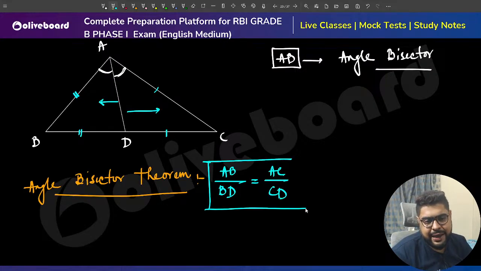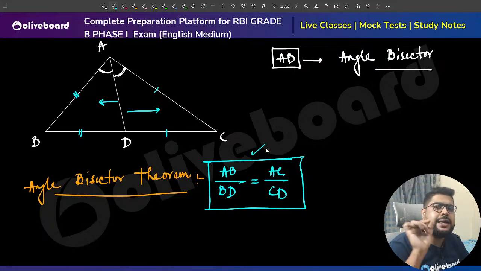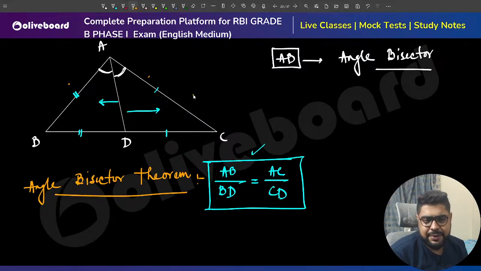Perfect, everyone. I've just written the statement, the skeleton here. But if anyone here is taking notes, please write down these words, a couple of lines in your own language, not like the book's theorem. I'm saying whatever is towards the left of the angle bisector, that ratio will be equal to whatever is to the right of the angle bisector. In some books, or you might have already done this, sometimes it is written like this.